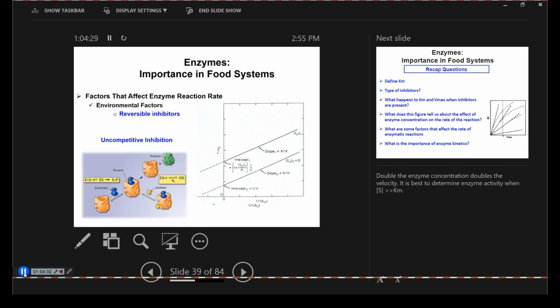Sometimes both are changing. One is decreasing, the other is increasing, but not necessarily always. Sometimes the Km doesn't change and the Vmax changes. Sometimes both are changing. Can they both change the same way, both increase or both decrease?